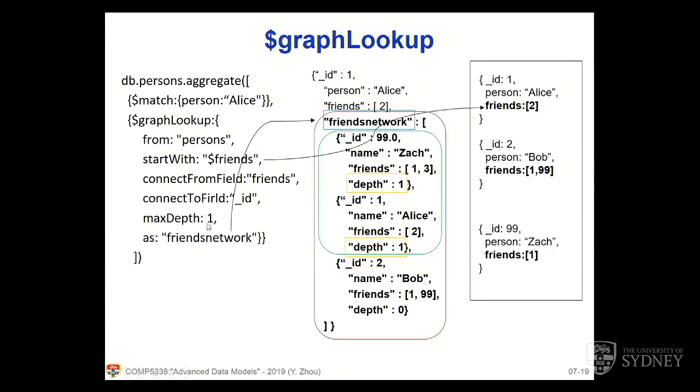If you put a maximal depth of 2, you will have quite a few other documents with the depth equal to 2, or if you want to find all of them, you can have a further stage to query those. So that's graph lookup.